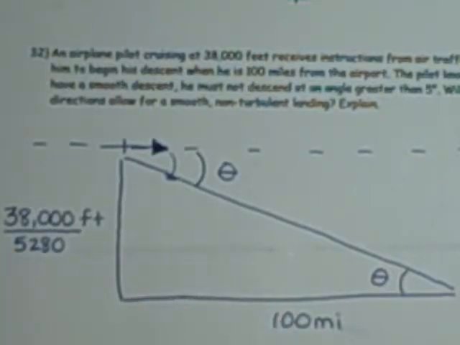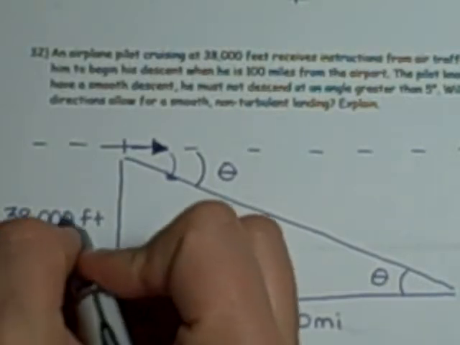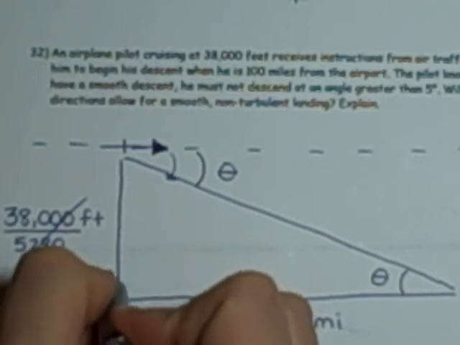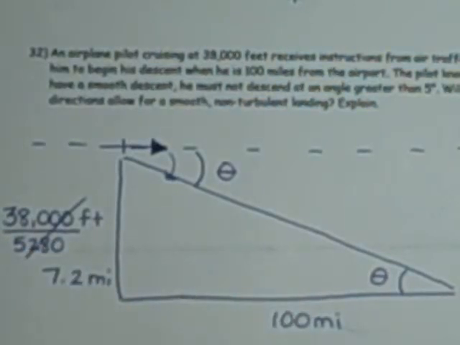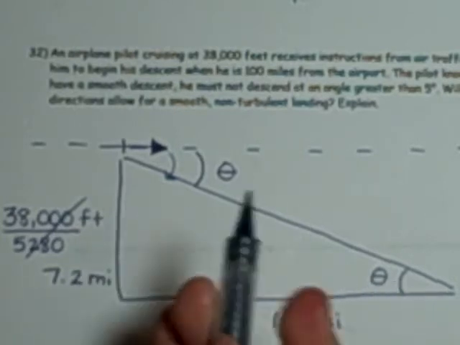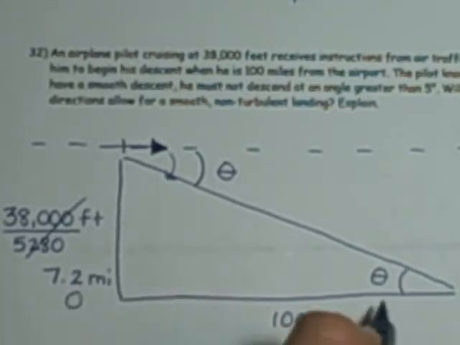Let's see. So this gives me 7.2 miles over here. Okay, if I'm standing at this angle, I see that this is my opposite side. And this here, the 100 miles, is my adjacent side.